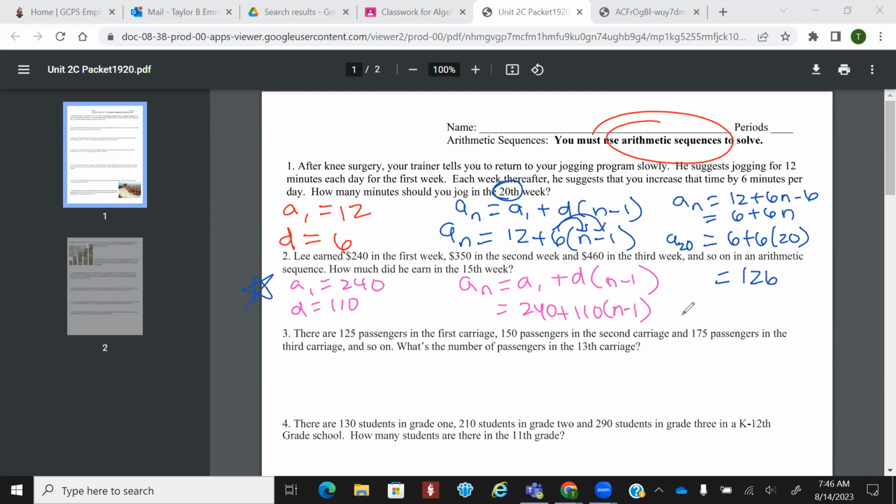When we multiply all that out, we're going to get 240 plus 110n minus 110. When we combine our like terms, we're going to get 130 plus 110n. Now, what week are we plugging in? 15, right? So somebody really quick, 130 plus 110 times 15. Tell me what you get.